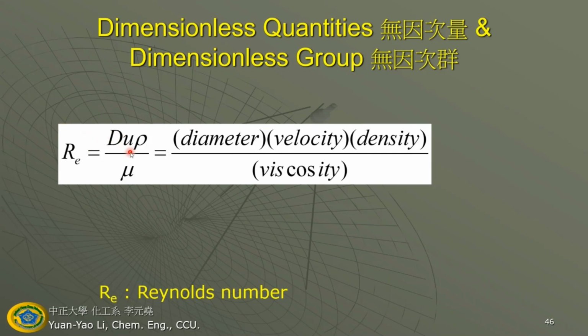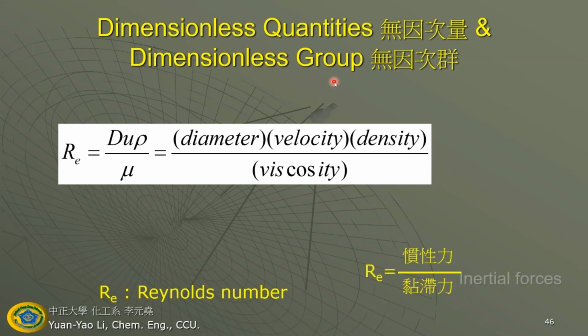If I ask you what the dimension of viscosity is, can you tell me? If I ask you on Wednesday in the Kahoot question, please tell me the dimension of the viscosity, and I give you 4 choices, can you tell me which one? And of course, I will tell you the Reynolds number is a dimensionless quantity.